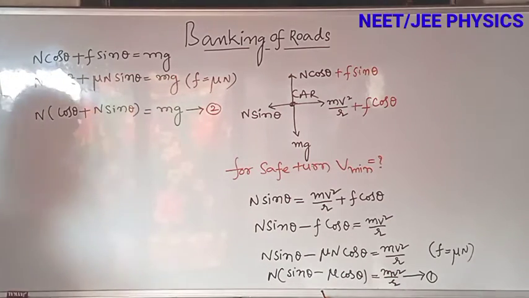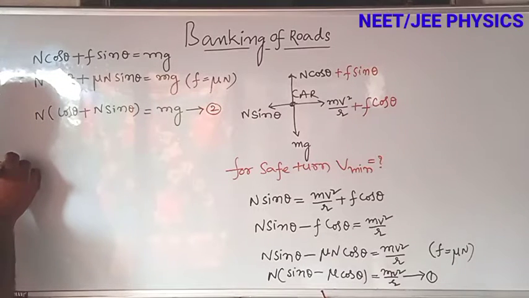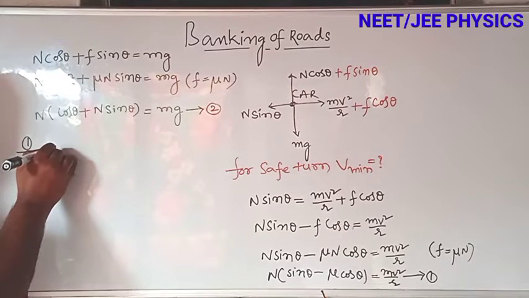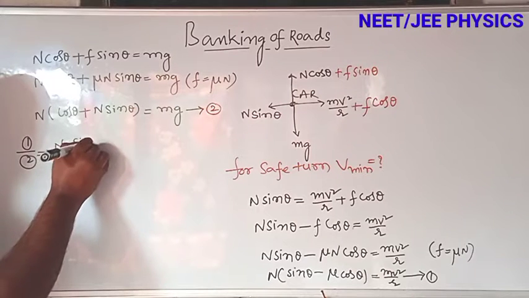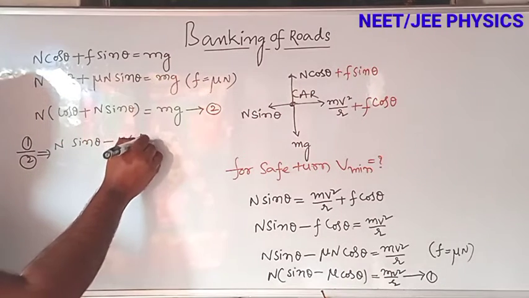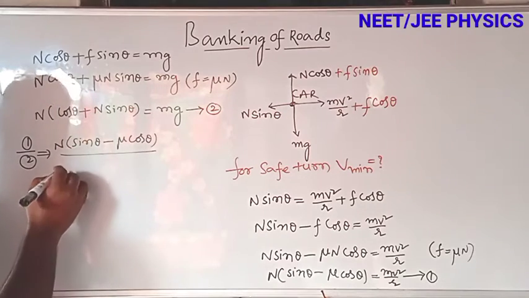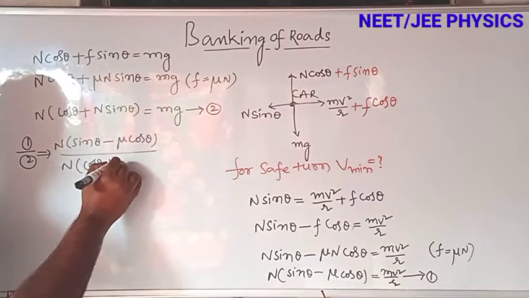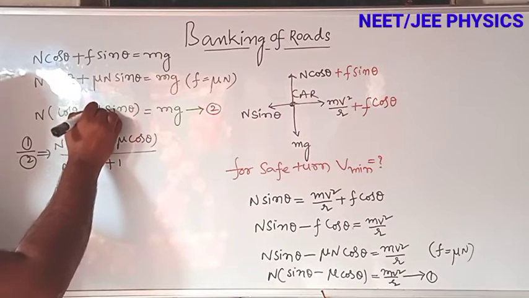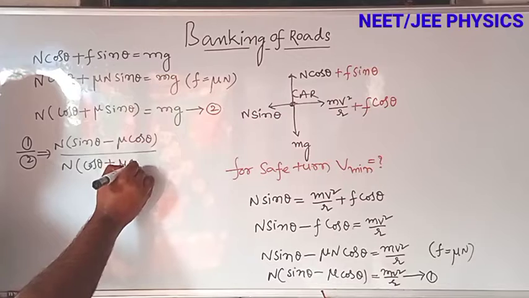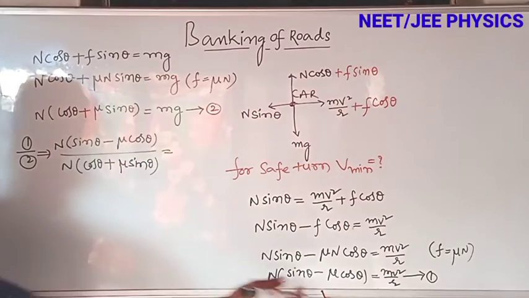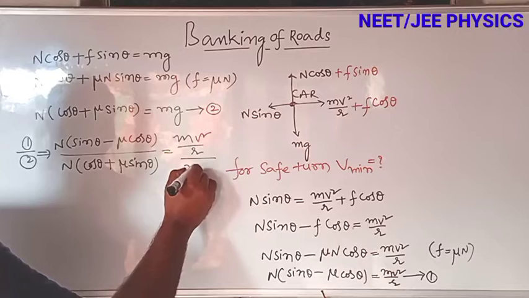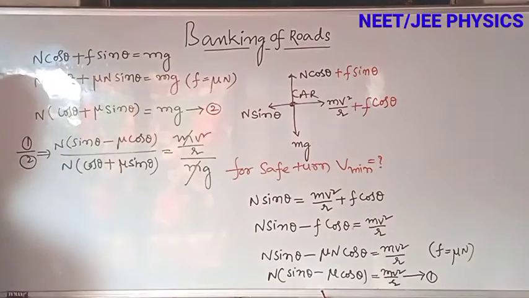Now divide equation 1 by 2. N of sin theta minus mu cos theta upon N of cos theta plus mu sin theta equals mv square by r by mg. m gets cancelled, N gets cancelled.